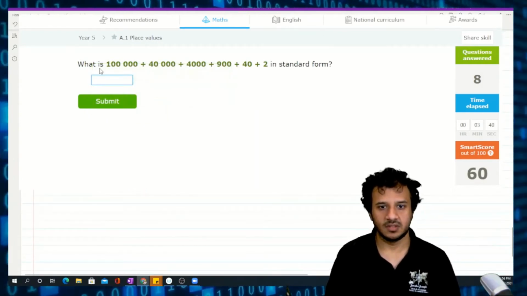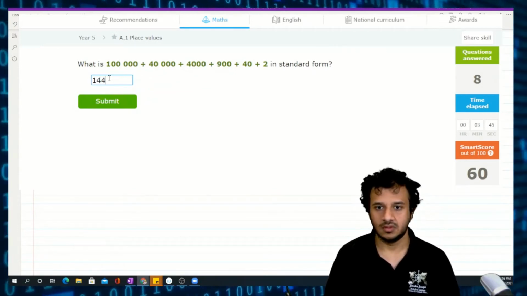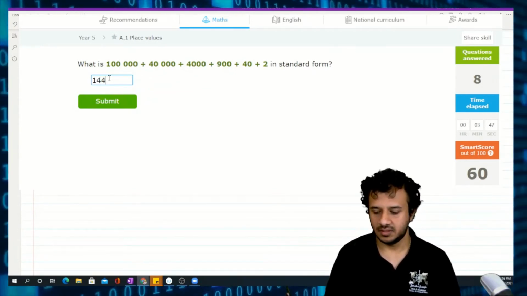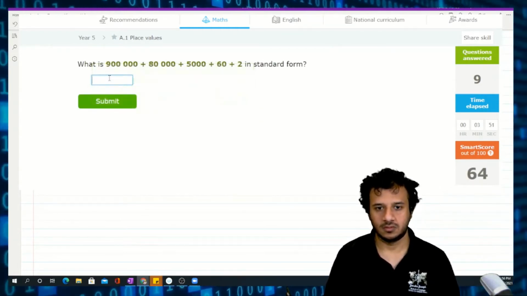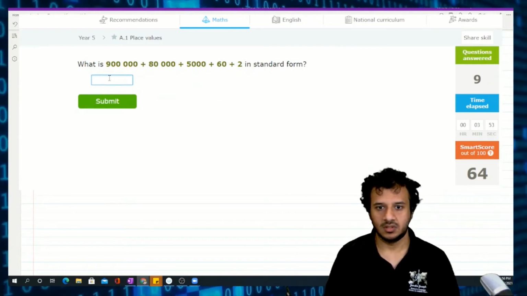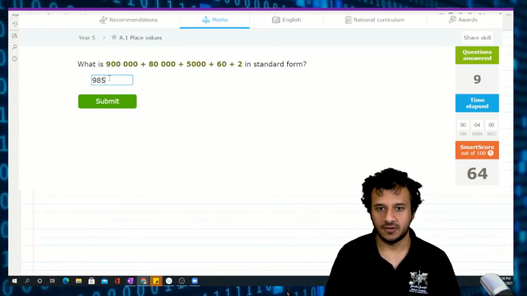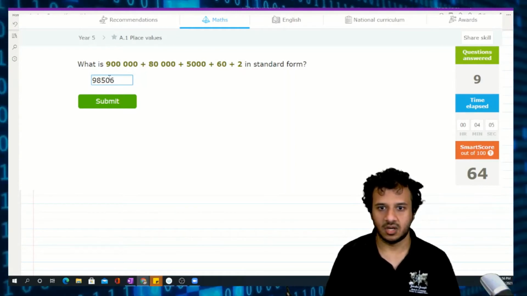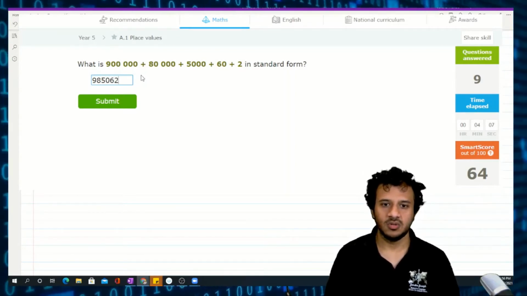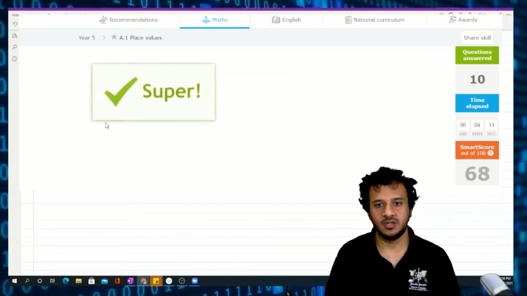Next, 100,000 and 40,000 is 140,000 and a 4, 144,000. 940 and a 2 will be 942. 900,000, 80,000, 5,000, 60 and a 2: 985,062. No hundreds there. Or you can just write them all down straight and then add them up. That would help you to get the answer.